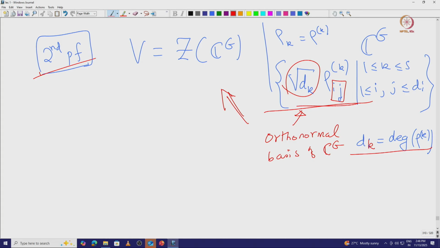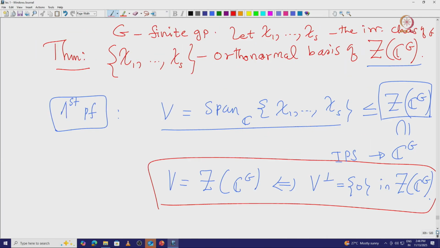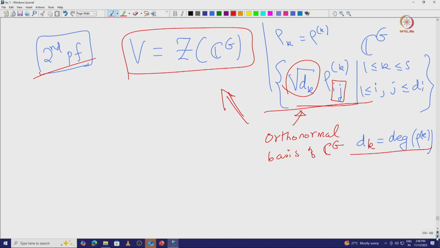From that we will be able to conclude immediately that the irreducible characters form a basis for the space of class functions. Almost this statement is also proved using the regular representations. But anyway, let us stop here and I will do this proof in the next class. Thank you.